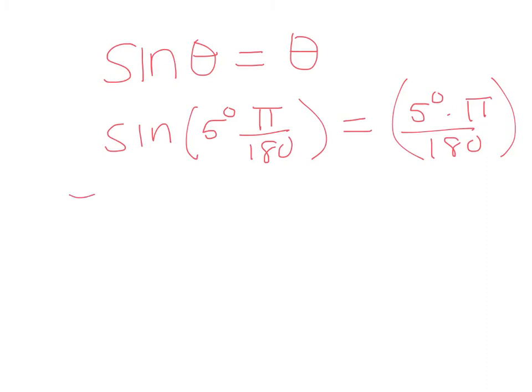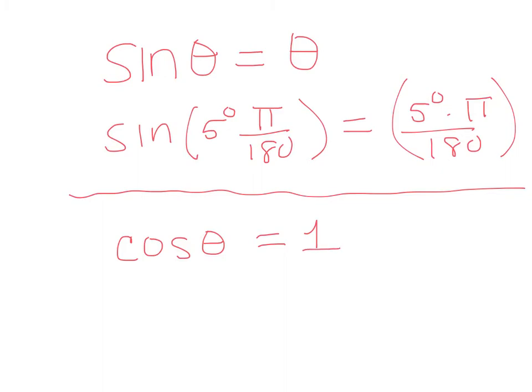The flip side of that is, for small angles, the cosine of theta is approximately equal to 1. If we did that same one, the cosine of 5 degrees converted to radians, it would come out to be like 0.998 or some number like that. So these are 2 approximations that we need to use for what I'd like to do.